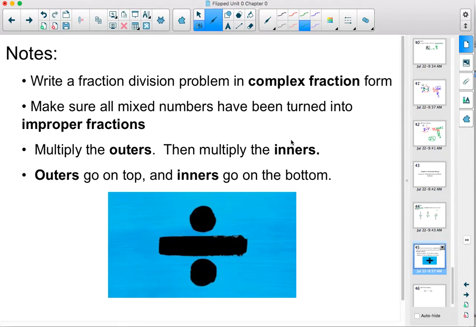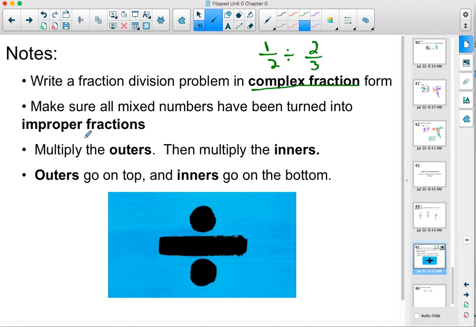Okay, notes. Please follow along in your notes. Write a fraction division problem in complex fraction form. We definitely want to practice how to go from our horizontal notation like this and change that into a complex fraction. We'll see that in a minute.